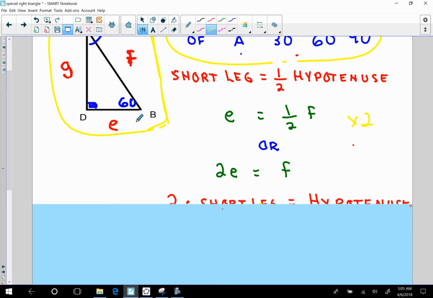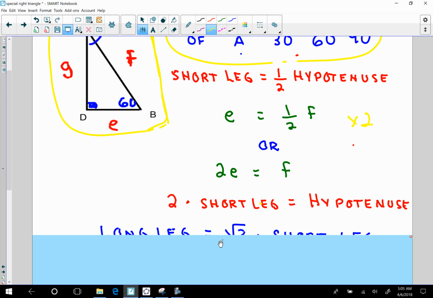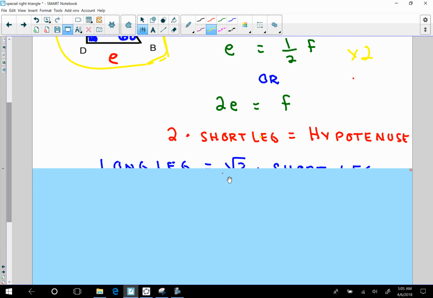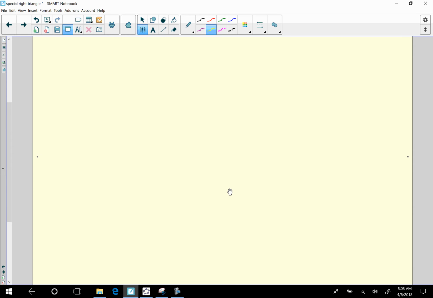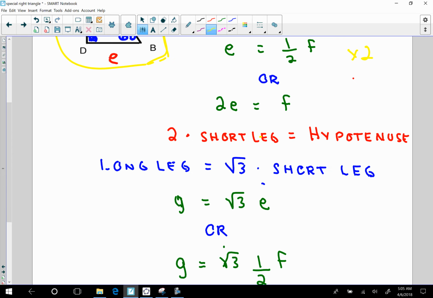That is also a property of equilateral triangles. Or this is going to be a property of 30, 60, 90. The hypotenuse is 2 times the short leg. Well, what else do I know? What the last part of the prior screen told us was that the long leg, right here, is equal to square root of 3 times the short leg.